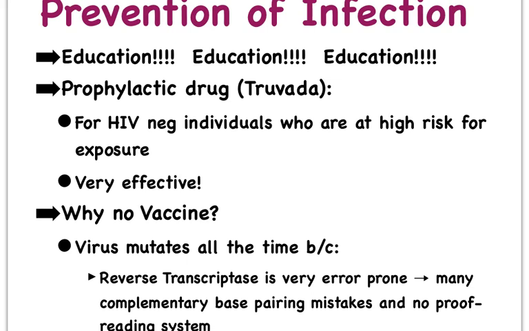But supposedly, the enzyme that is used to revert the viral RNA into DNA is extremely error prone, so that it makes a lot of mistakes. And for those reasons, supposedly, it's much more difficult to come up with a very effective vaccine.